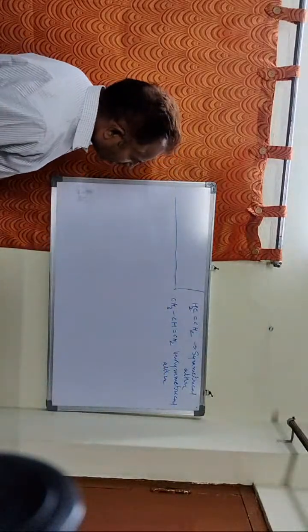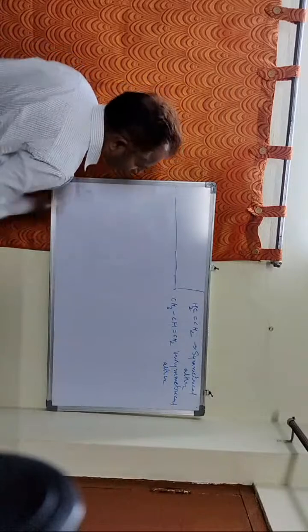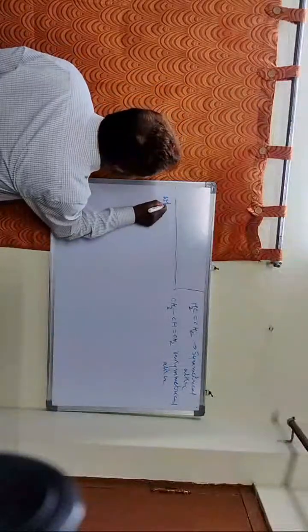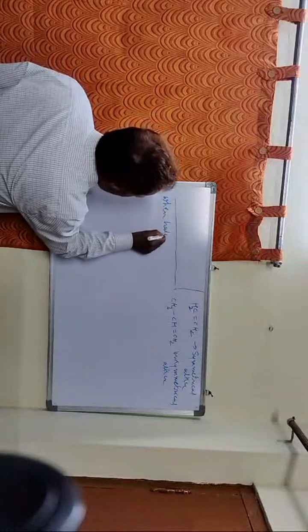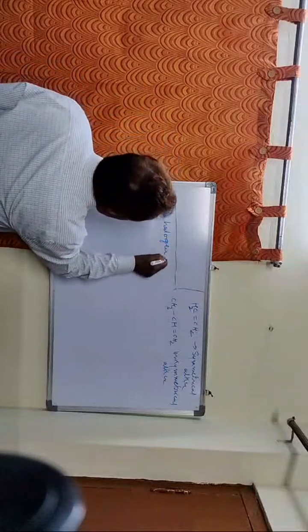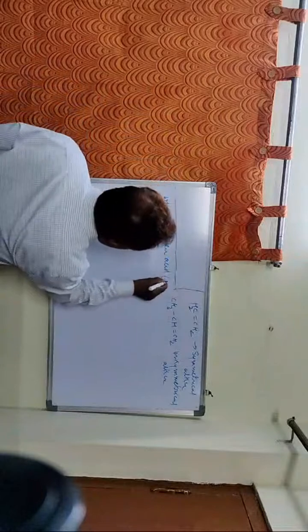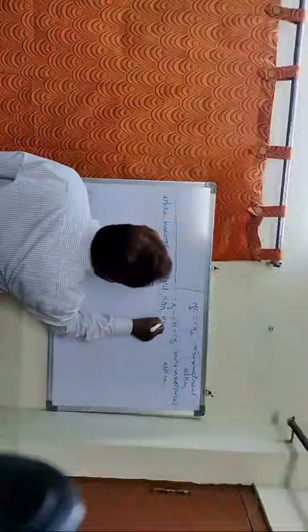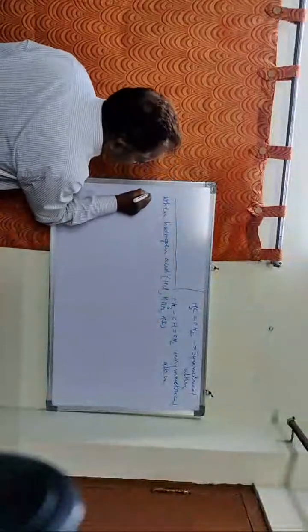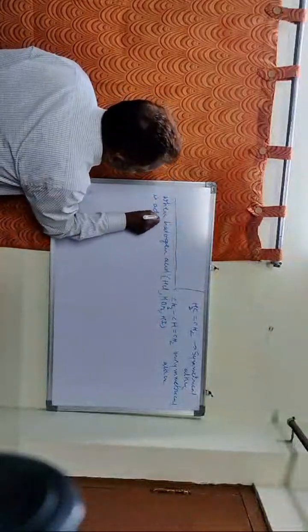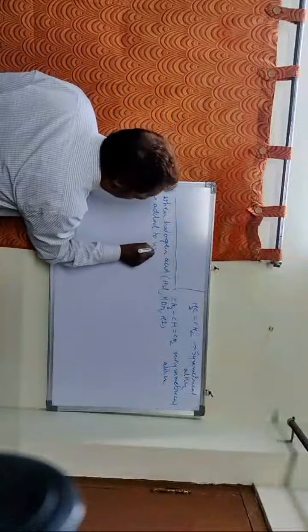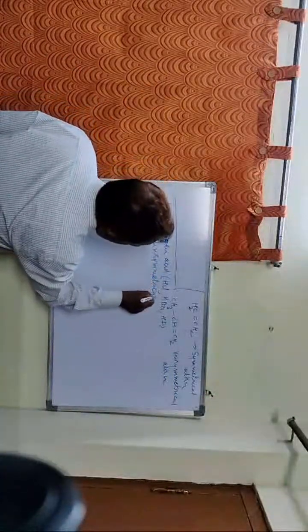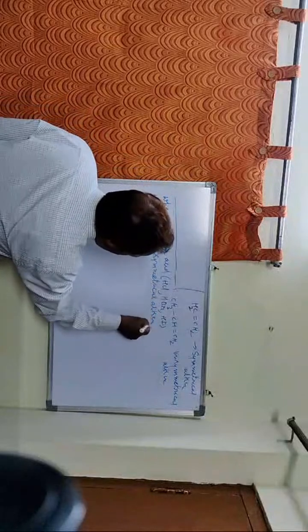To this unsymmetrical alkene, when halogen acid is added, that means maybe HCl, HBr, HI, then what happens?